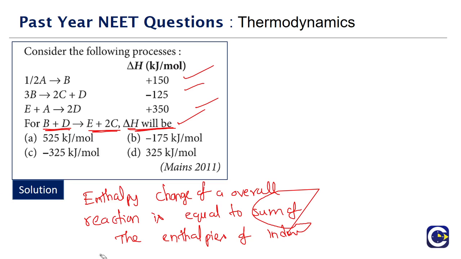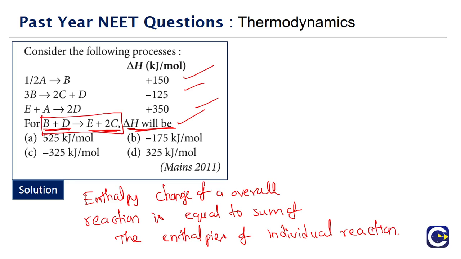So we should arrange the given equations in such a way that when we add the combination of the given equations, we should get the overall equation. The unknown equation we will consider as the overall equation.